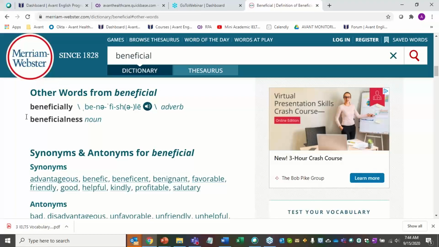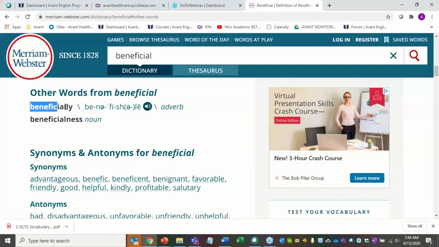They give you alternative words. What is beneficial as an adverb? Beneficially. And beneficialness, well, maybe. I really have never heard that used. But we're looking at a dictionary and they're going to give you as much information as possible about a word.